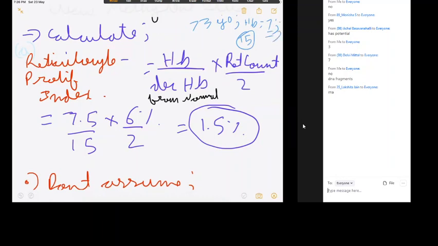Since we are taking 15 as a standard, when the hemoglobin is 7, won't there be dilution? There will be dilution, right? And then when you take the hematocrit for 7, you will be overestimating the amount of reticulocytes. So if they give you in a question that there was 6% reticulocytes, is this the correct reticulocyte count? No, this won't be your correct reticulocyte count.